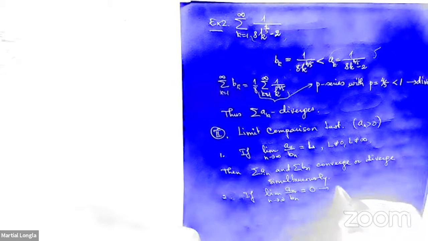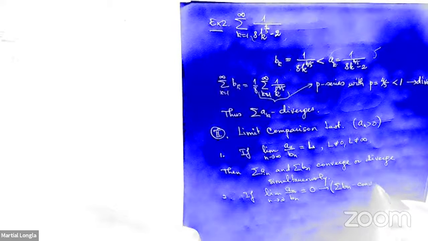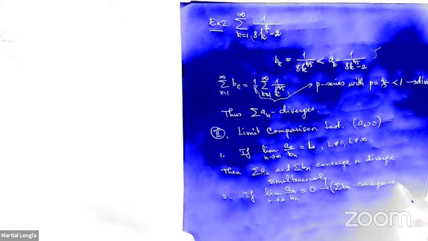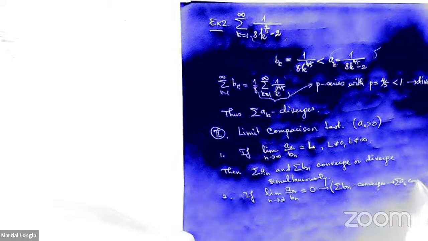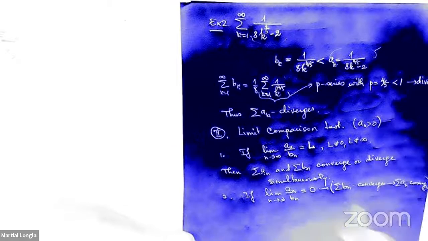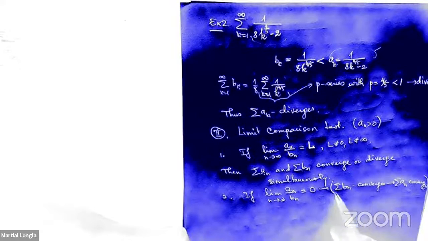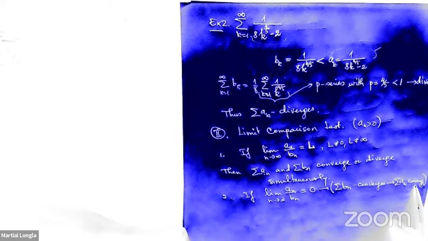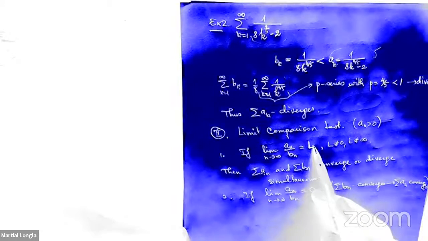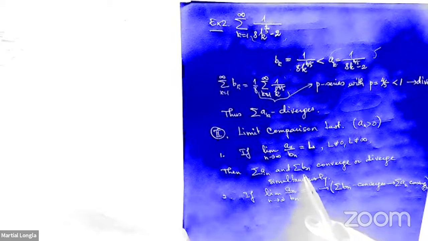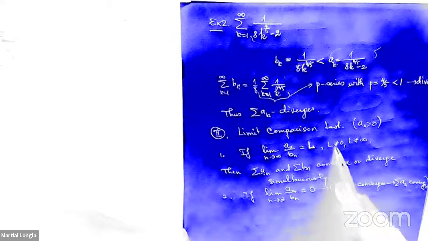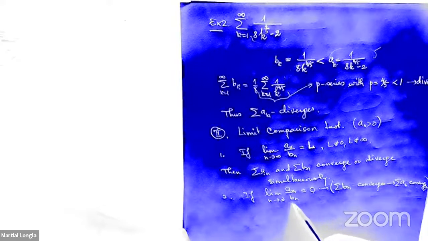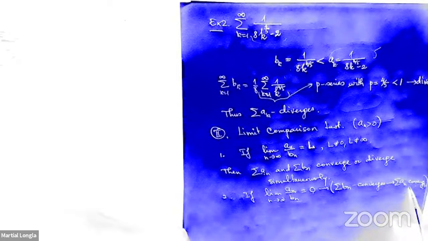Then sum of bn converges will imply that sum of an converges. Notice that here it's not an equivalence. It's this implies that. In the first case here, it says anytime sum of an converges, sum of bn converges. Anytime sum of an diverges, sum of bn diverges. When the limit is 0, it's a different story. When this guy converges, the other guy converges.